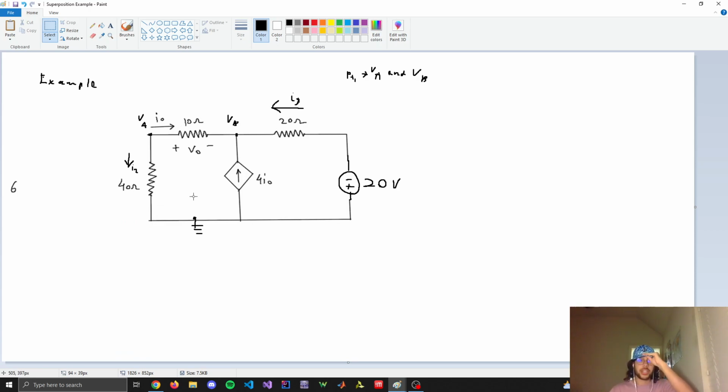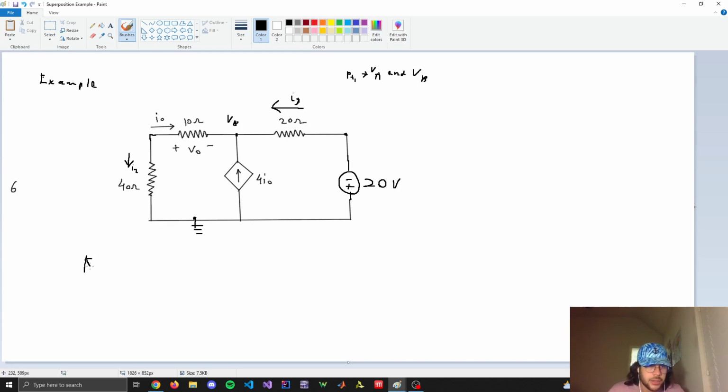Now we need to evaluate the circuit using this configuration, and I'll go ahead and use nodal analysis again. So this node's going to be -20. Now we just have one node, and we should just have one equation. We just have one unknown, VB.